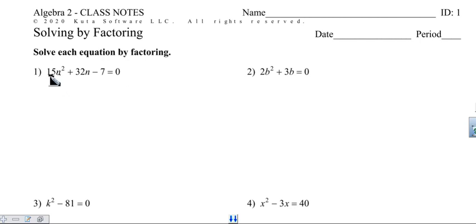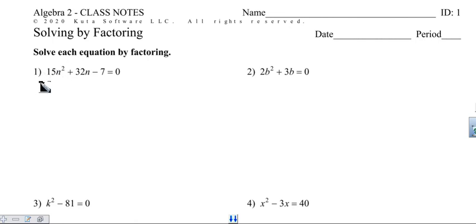In number 1, the first thing you should ask yourself is, do these three terms have anything in common? Do they have a number or a variable that shows up in all three of them? The answer is no. So, since I have a lead coefficient that I can't factor out of this trinomial, I'm going to have to use it.